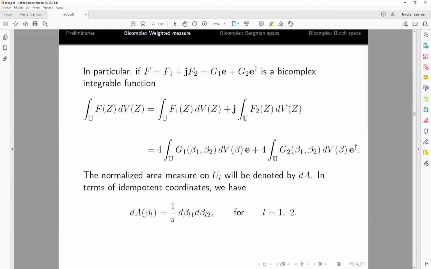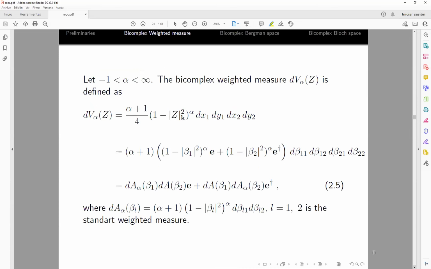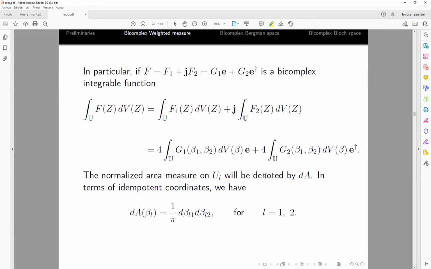And of course, now we will consider this is the normal volume in the disk.